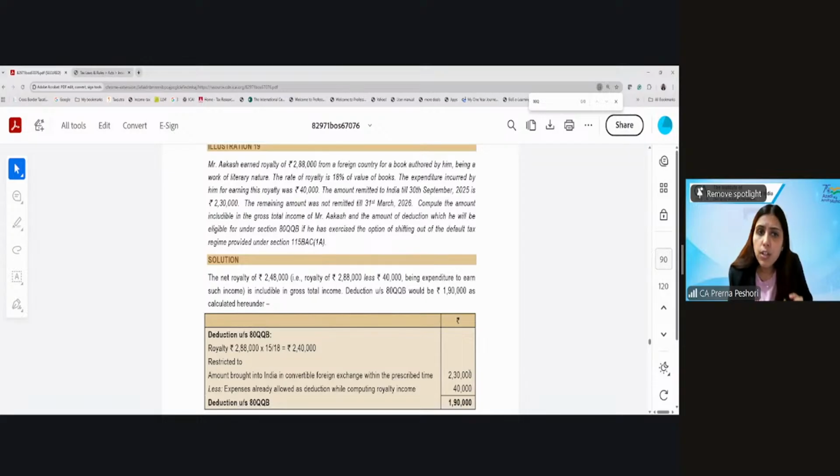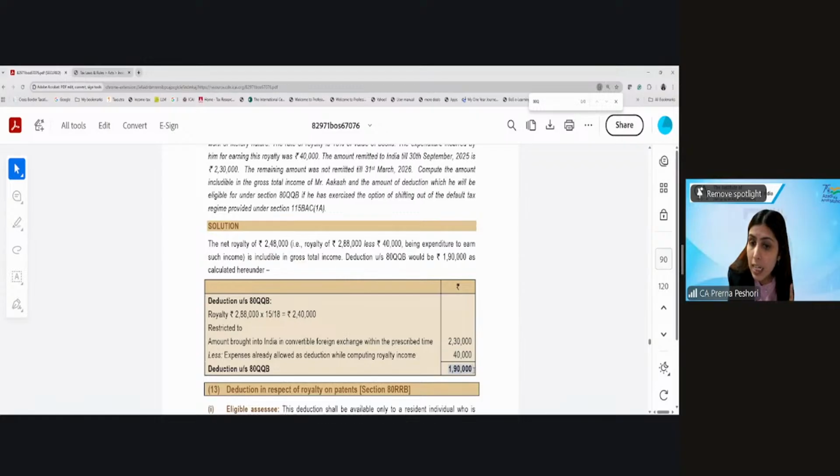However, here I will also give the deduction of expense because the deduction is allowed for the income, not for the receipts of royalty. Income means receipts minus expenses. So the expenses will be allowed and whatever balance income is there, that will be eligible for deduction under 80QQB. Right?